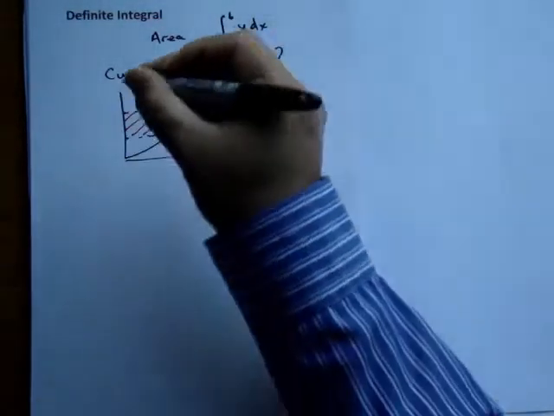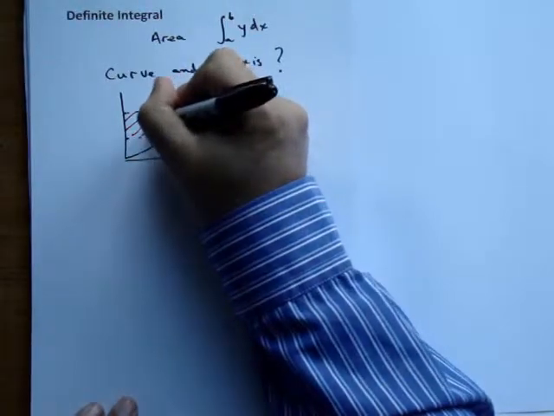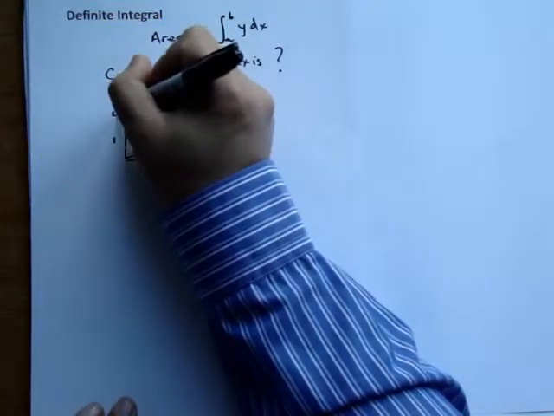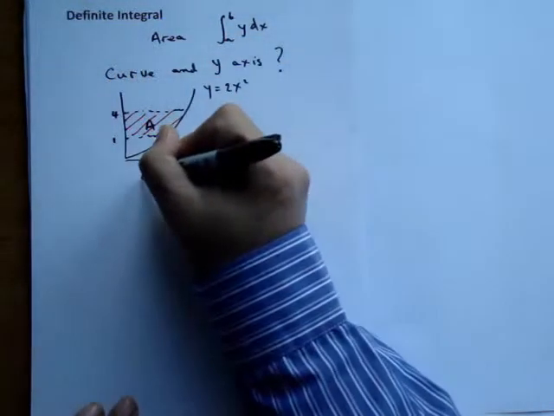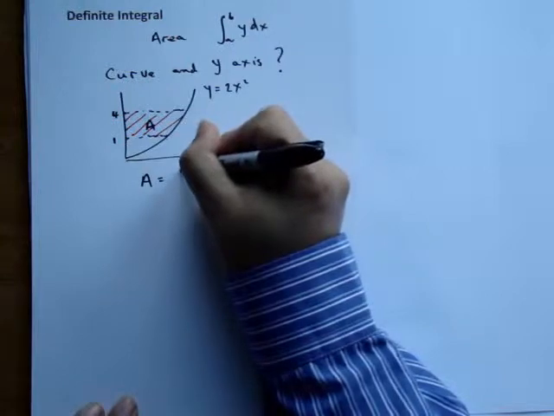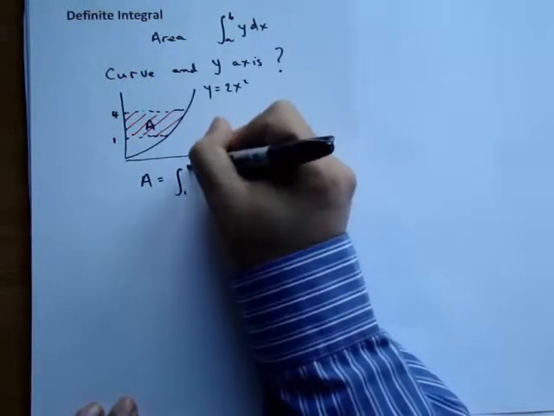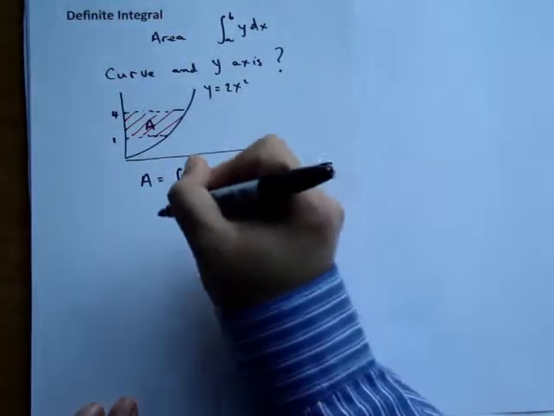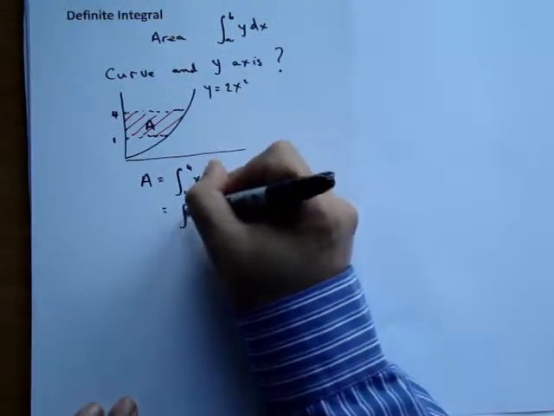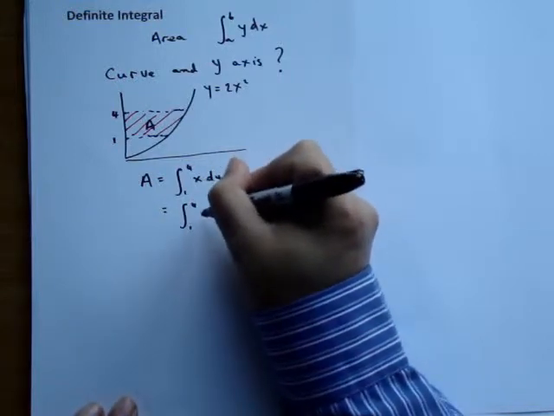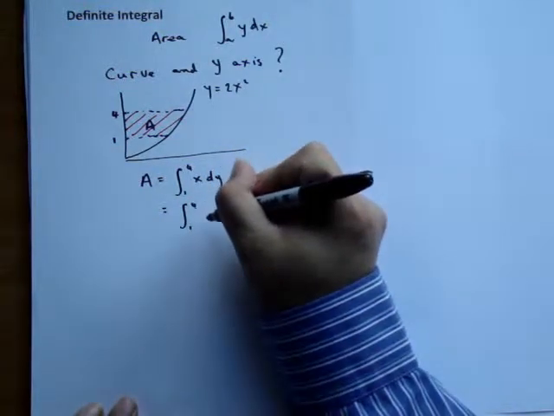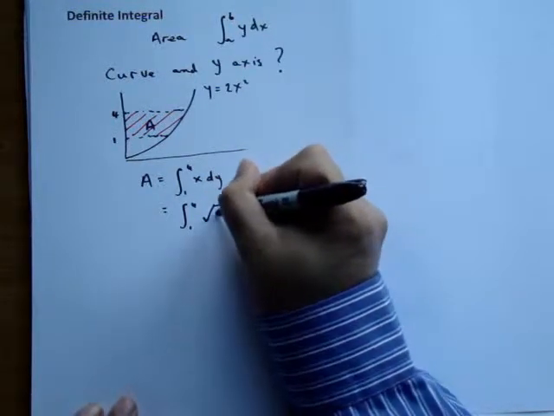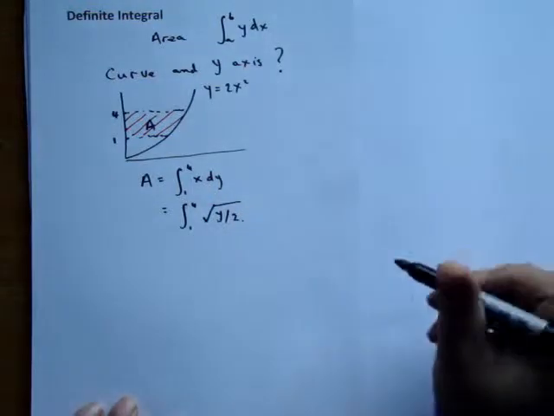which we're going to call A, and between the limits 1 to 4. So this area would then be the definite integral between 1 and 4 of x dy, which equals the integral from 1 to 4 of the square root of y over 2.